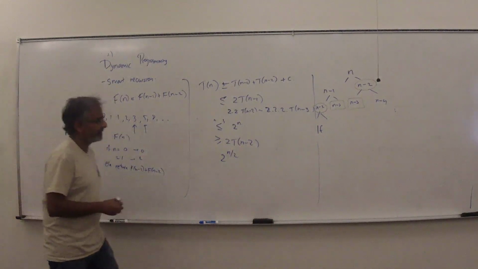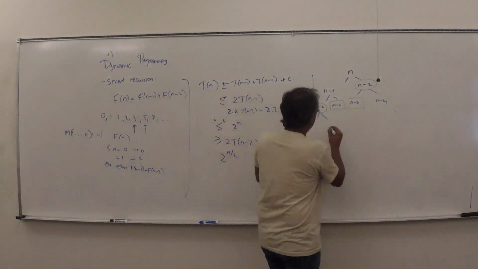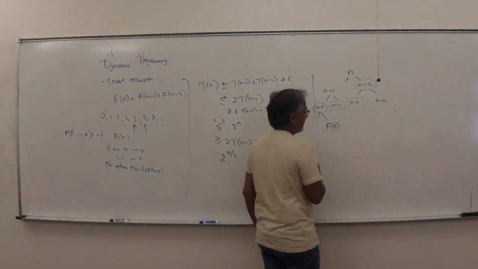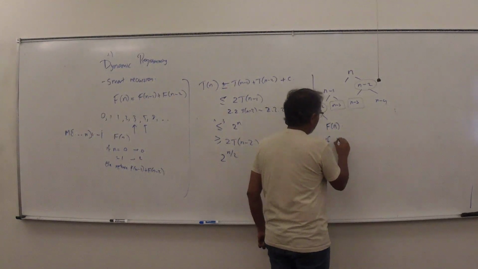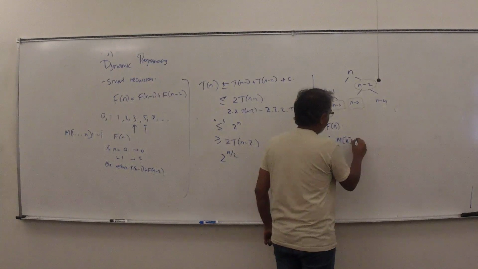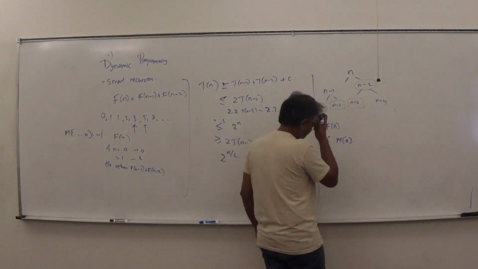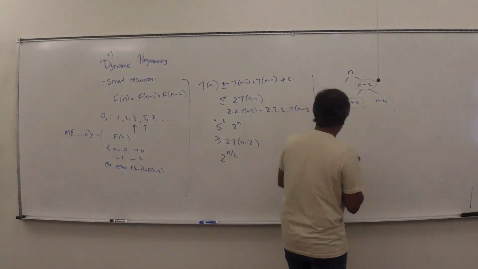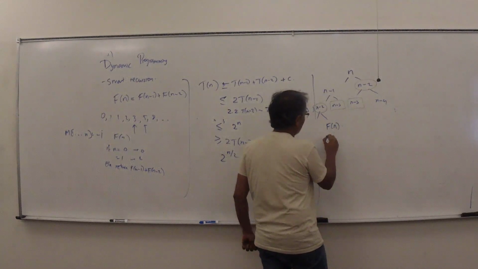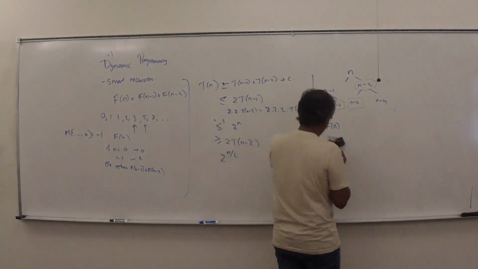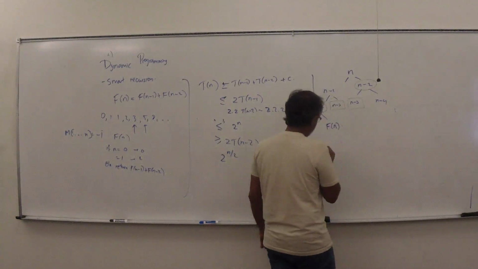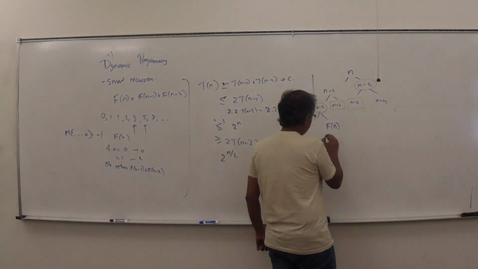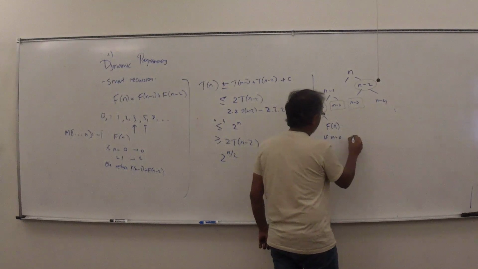Then we write f of n. If n equals 0, return 0.